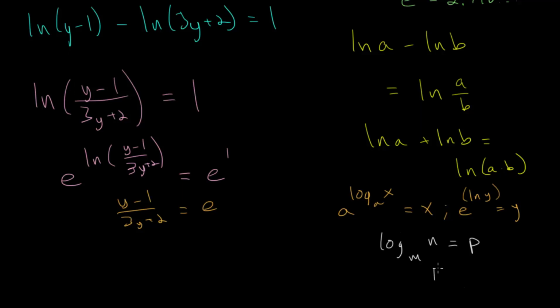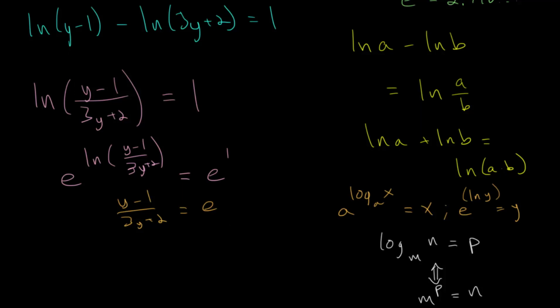Then we can rewrite this in exponential form as m, with the same base, to the p power, since logarithms are equal to exponents, and this is equal to the input of the logarithm. We could have rewritten this in its exponential equation form, but either way you want to approach this would actually work here. Now, from here, like I mentioned, we just need to solve this rational equation.